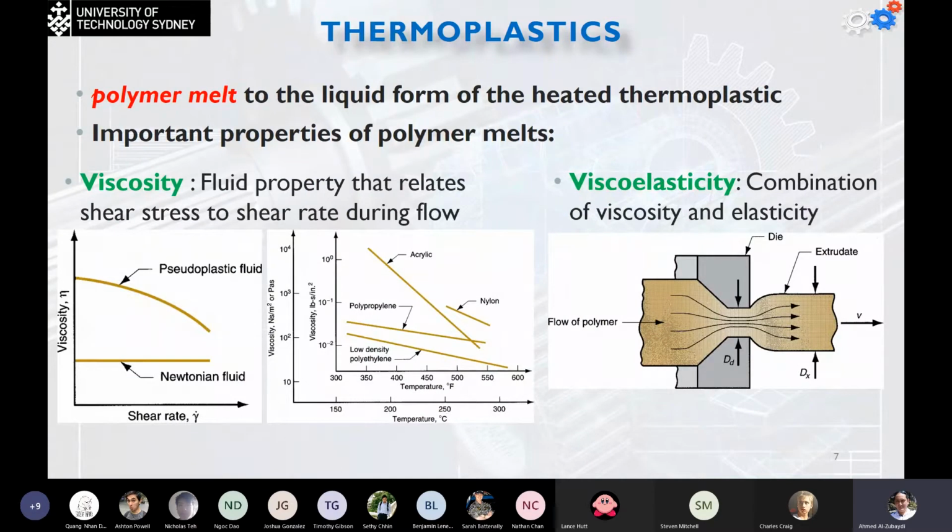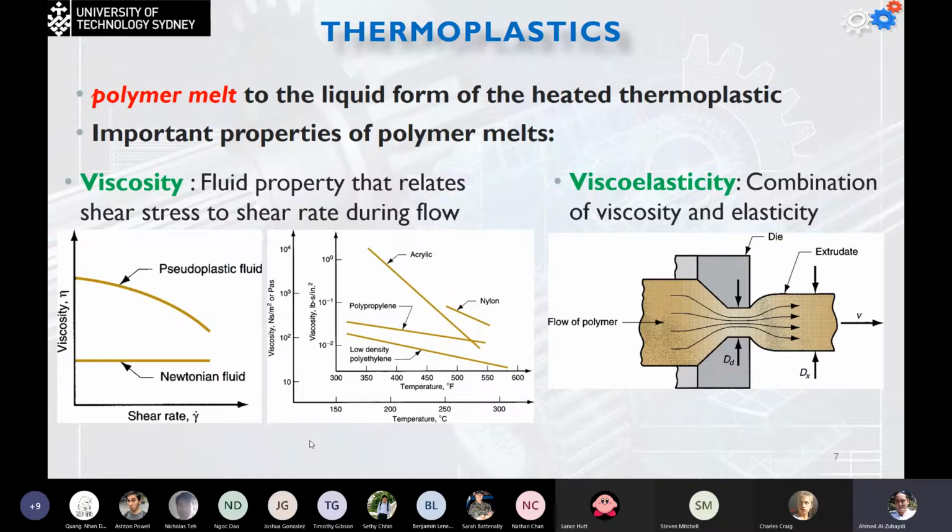So as a definition, viscosity is the fluid property that relates the shear stresses to the shear rate during the flow. When we do the processing on the thermoplastic, as you can see from these two charts, we would like to have lower viscosity, which is desirable in most of the plastic manufacturing processes because this will let the plastic flow through the mold.